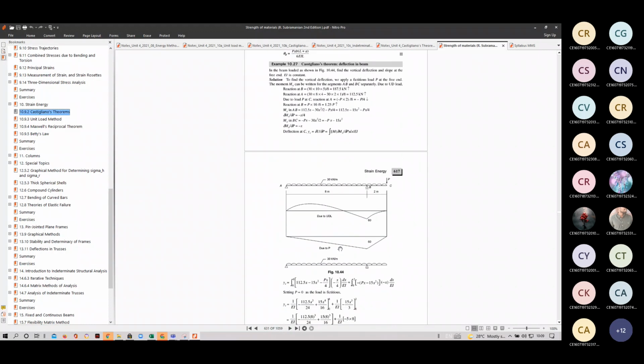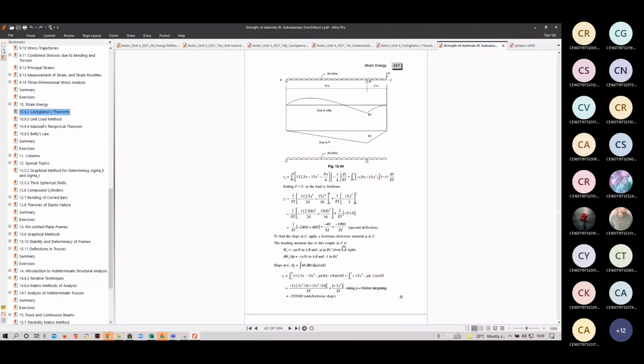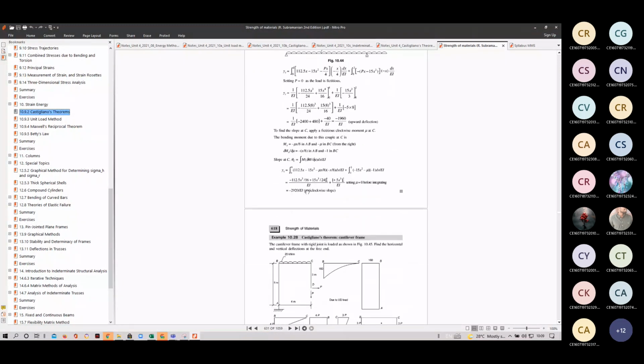Some load problem, like a problem like this. 10.27, Castigliano's theorem under strain energy. This is load. Find the deflection at the free end. This is a typical question, and you can practice this and solve it.